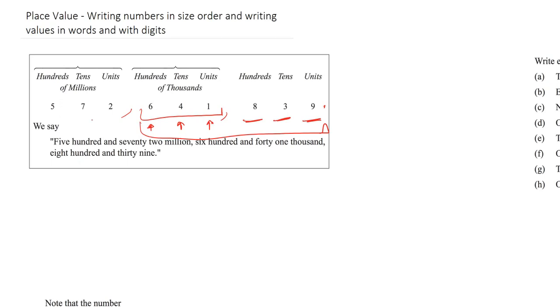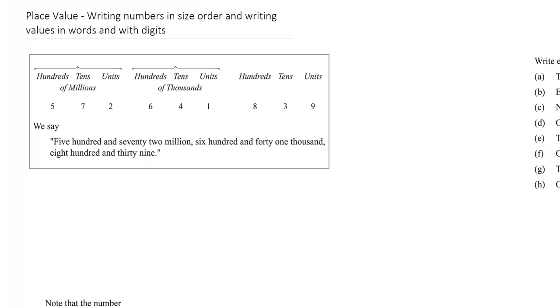And then we can go even further and have the millions column, the tens of millions column and the hundreds of millions column here at the end. 572,641,839. So we block them into threes to help us to say things, help us to visualize things.